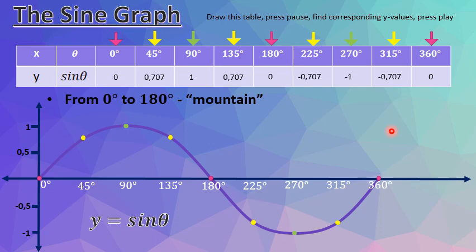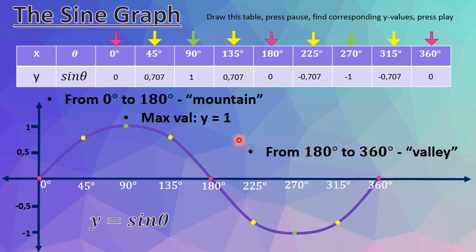If you have a look at this stretch of the x-axis from 0 to 180 degrees, we have what I like to call a mountain, because it goes up above the x-axis and down again. It looks like a mountain, right? So when I'm sketching the graph, I always go, let's first sketch a mountain, right? And the max value, the highest point on this mountain, is when y equals 1. Remember, a maximum value is always a y value.